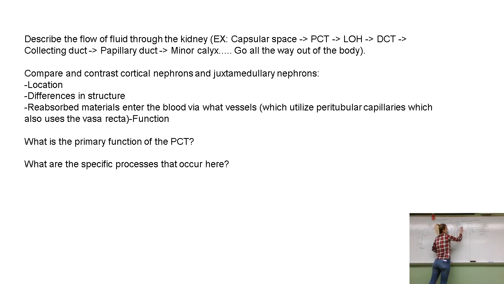If I'm reabsorbing glucose from the tubule, it leaves the tubule and goes into the interstitial fluid out here, but I actually want it in the blood. So we've got capillaries that surround the tubules so that whatever we're reabsorbing can hop right into the bloodstream again. We said that these capillaries are called peritubular capillaries.